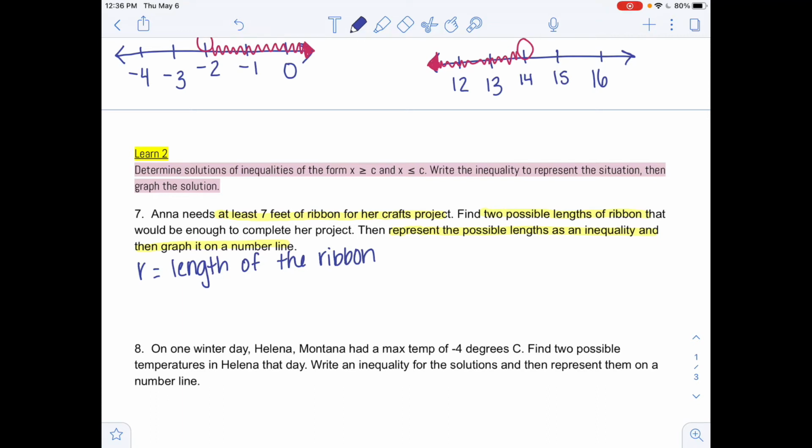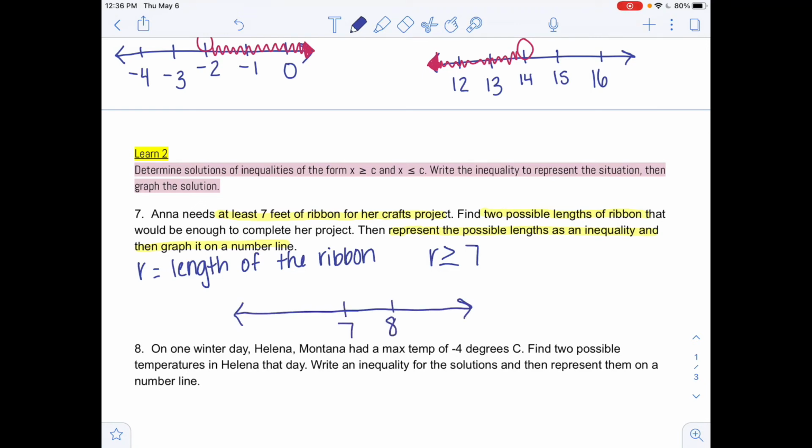So when writing our inequality, we want to show that r would be greater than or equal to 7. So she could use 7 feet, but she could also use more than that. So that would be our inequality that we're going to graph on our number line.